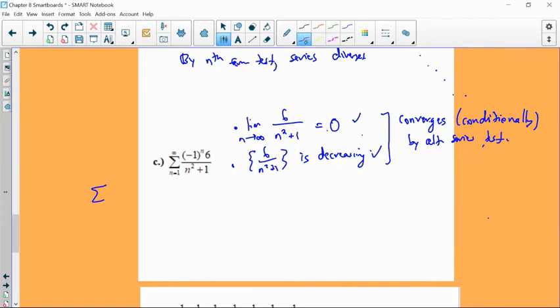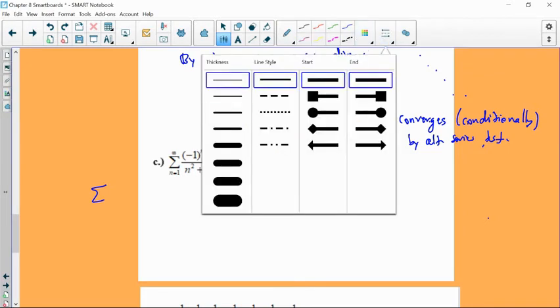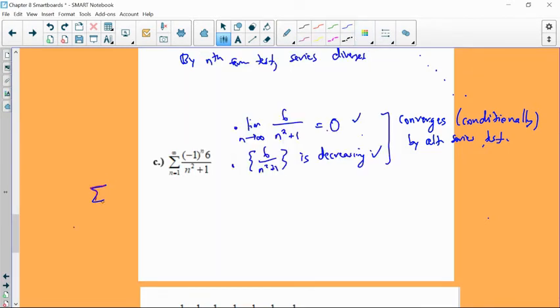Oops. Thought I picked a different color. There you go. So if we focus on, what if it's just the sum from n equals 1 to infinity of 6 over n squared plus 1? Well, this is going to behave a lot like 1 over n squared. So I'm going to use the limit comparison test, right?